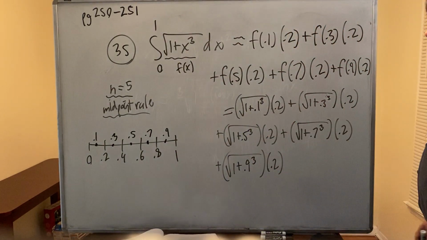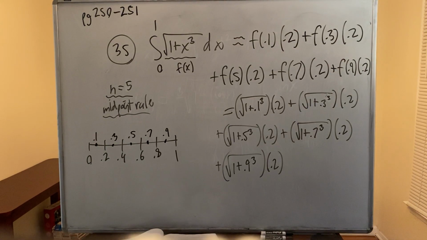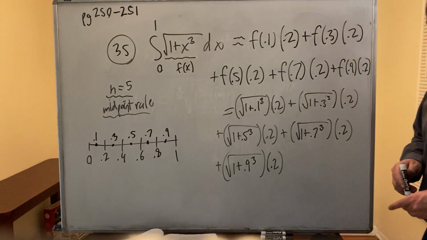And then just add those 5 products and you get an approximation. Just plug it in your calculator.